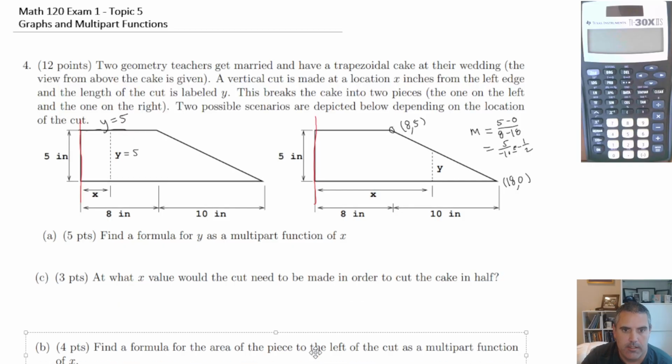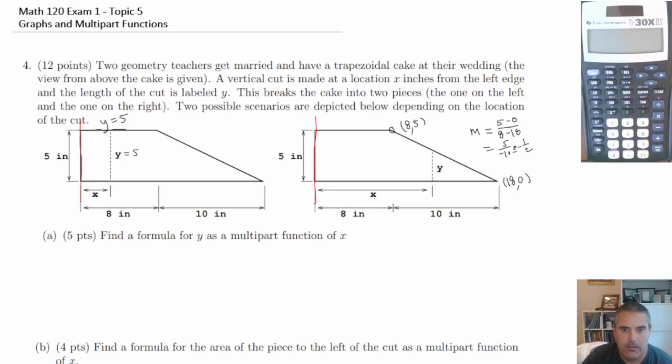Okay, so let's lay this out. As scary as the problem looks, the first step is really just saying, find the equations for the heights. So what is the height? Well, it's 5 if x is between 0 and 8. Anywhere in here, it's 5, 5, 5. When you go past, the formula changes.